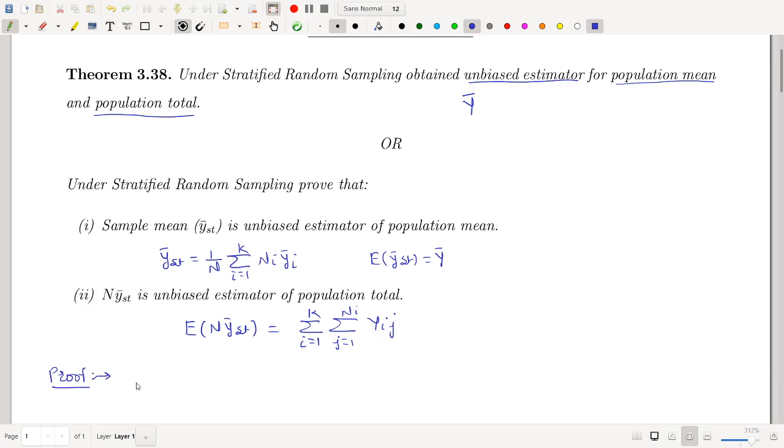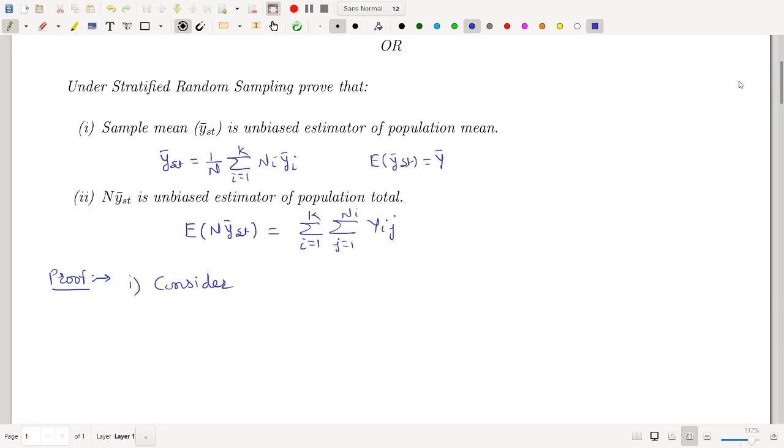Proof of this theorem. First one, consider expected value of Y bar st. Already we know the formula for Y bar st is this one, put here. So expected value of 1 upon n summation i running from 1 to k, ni into small y bar i. Now look at here.